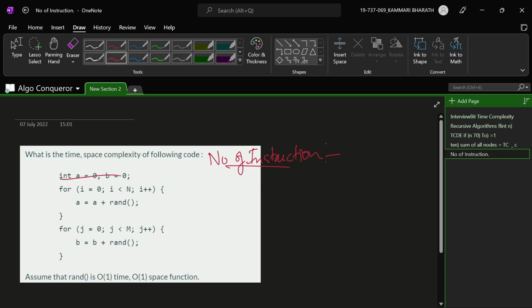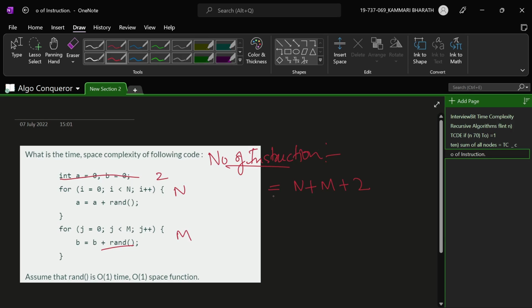Here are two instructions. This loop is executing n times, so n instructions are getting executed, and this loop is executing m times, so m instructions are getting executed. So the number of instructions is equal to n plus m plus 2.